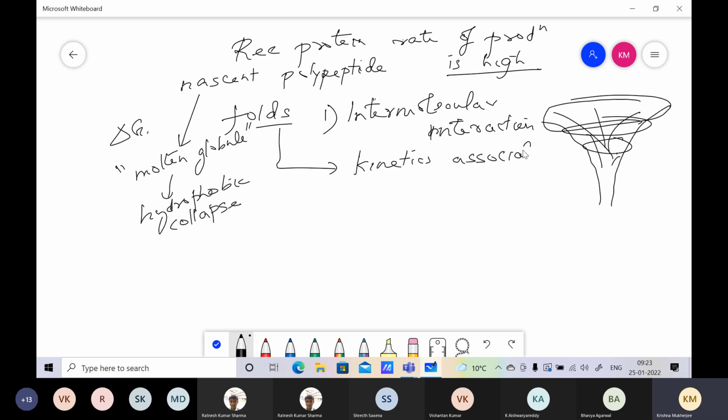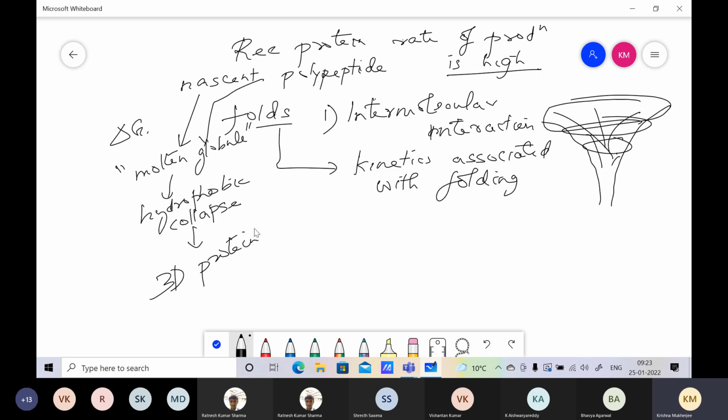What it means is that protein folding is slow for some proteins, fast for other proteins, and each protein has a specific rate kinetics associated with folding, from the nascent polypeptide to the hydrophobic collapse and molten globule and then the final 3D protein structure.